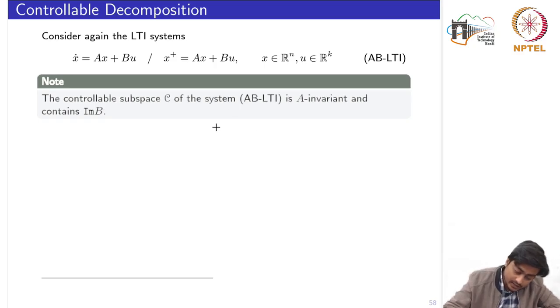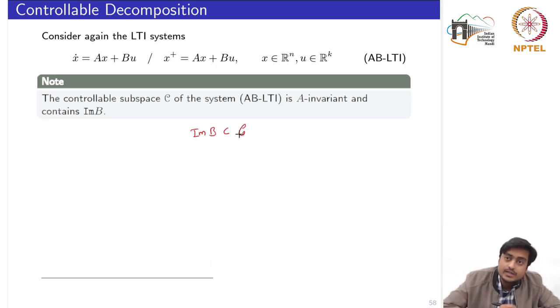Try to visualize this: the image of B is in fact a subset of this controllable subspace. So any vector or any element belonging to this space would definitely belong to this subspace, and this subspace is A invariant.